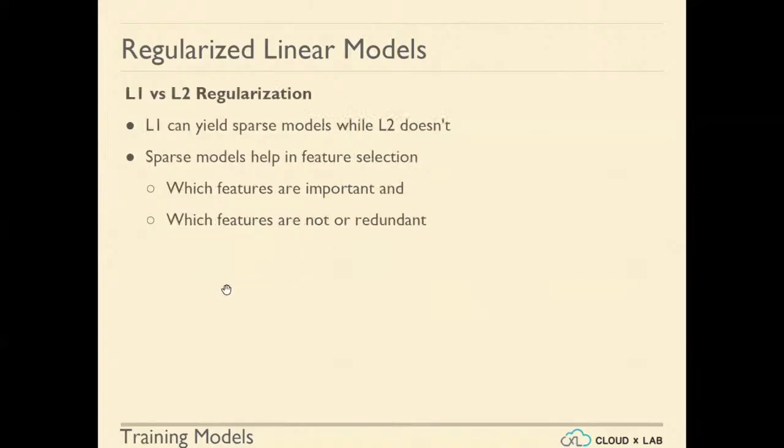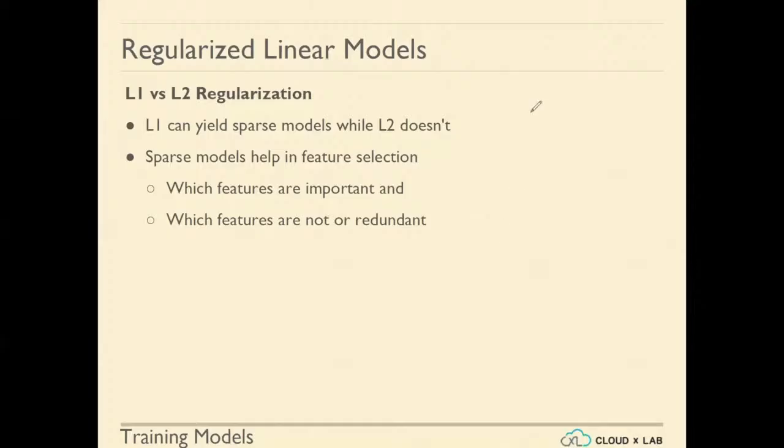Now, either you can use L1 regularization or you can use L2 regularization. In both cases, you can prevent overfitting. The only difference is in L1 norm, you will get a sparse solution, right?